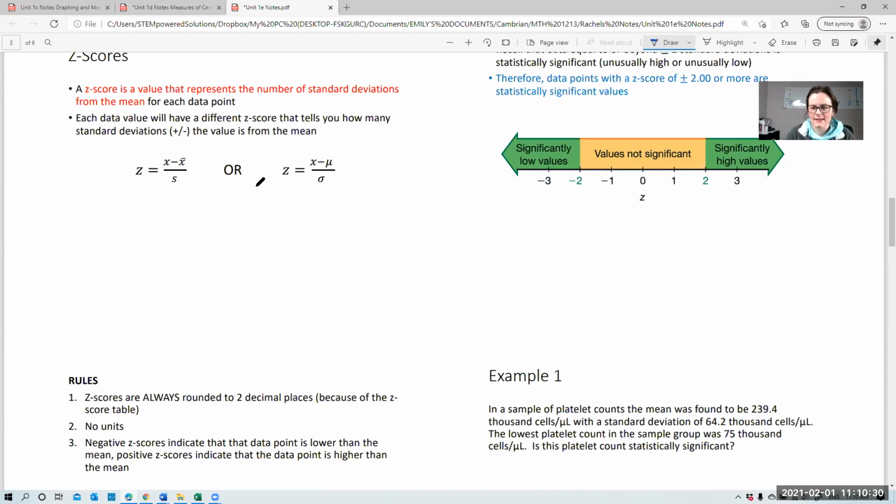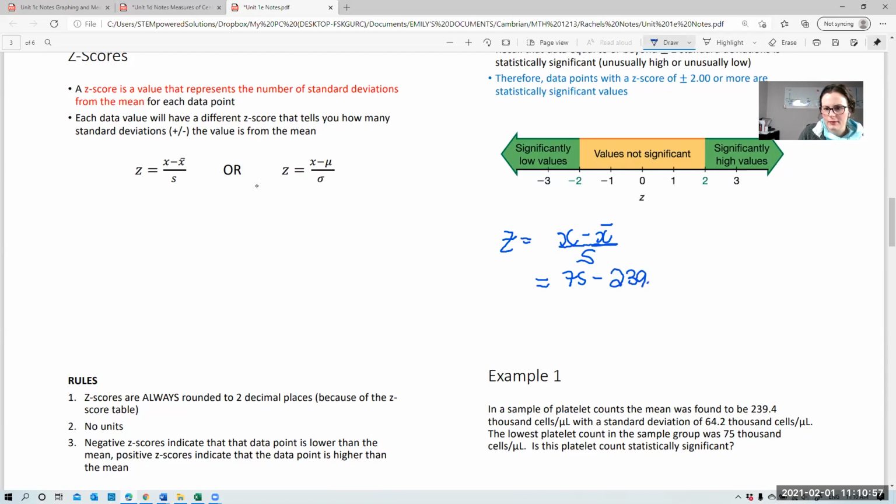Okay, so is this a statistically low enough platelet count? What I got when I did this is the Z-score is equal to X minus X bar over S. X is the sample value, 75,000 cells per microliter, subtract the mean, which was 239.4 thousand cells per microliter, and then divide by the standard deviation, which is 64.2 thousand cells per microliter.